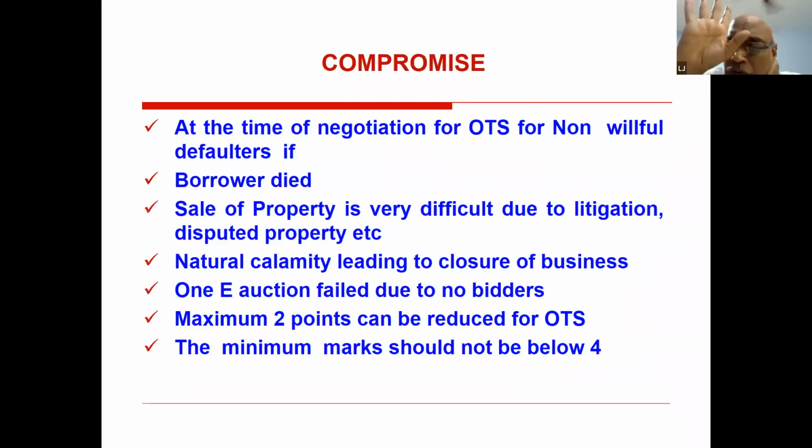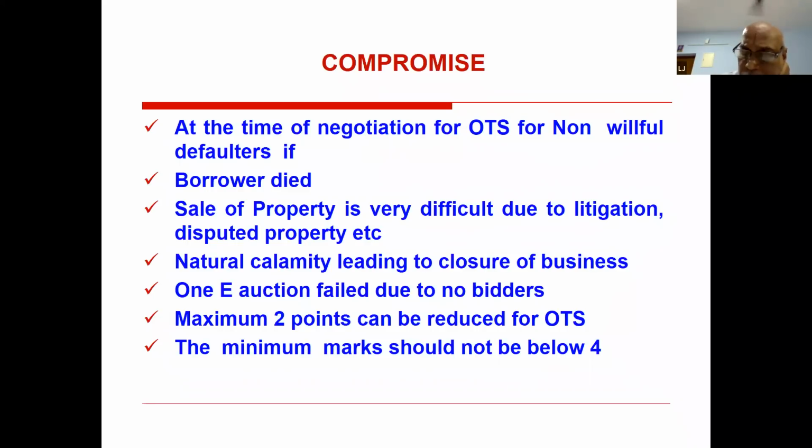When the realizable value is sufficient, the amount is book liability plus MCLR on 1/4/2022 plus 1.50. That is the first category. Suppose at the time of settlement of OTS, for the first category borrower, any one of these things happens, or all of these things have happened, or any two of them have happened, you don't give him 8 points, you can reduce 2 points.